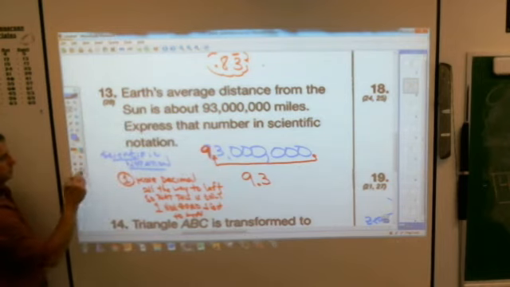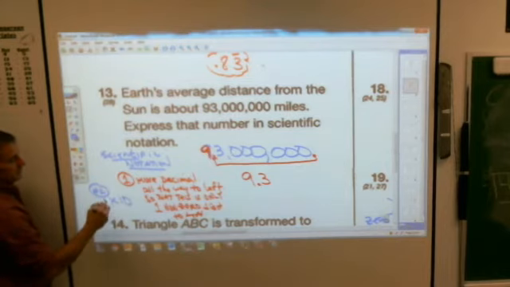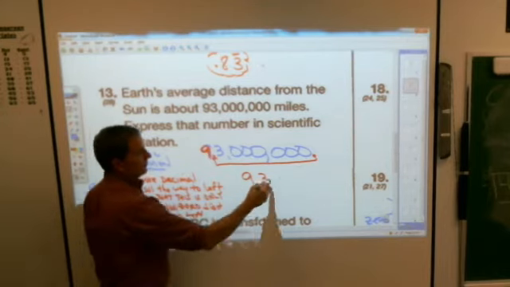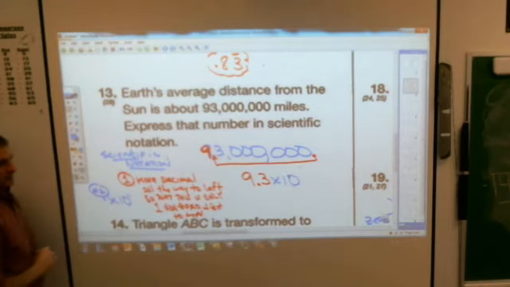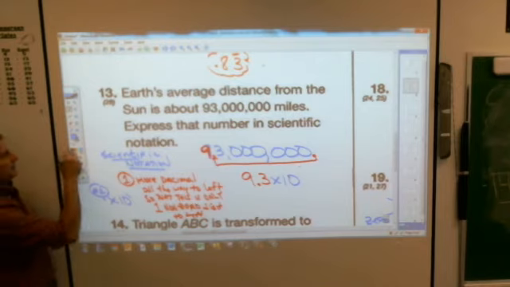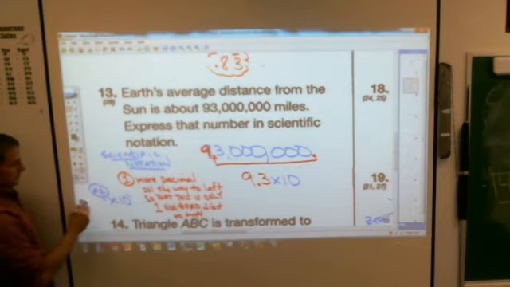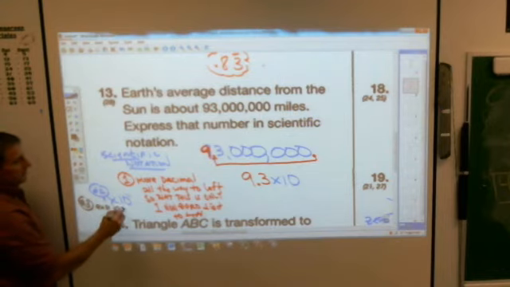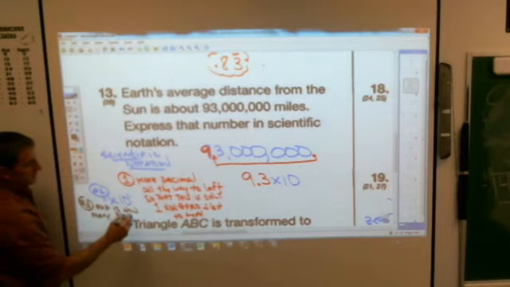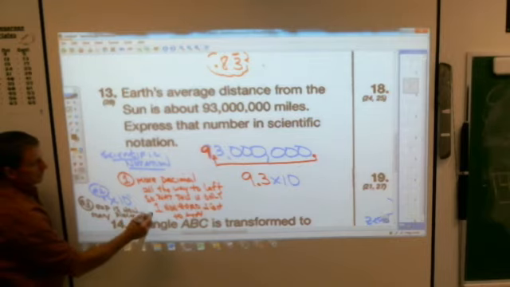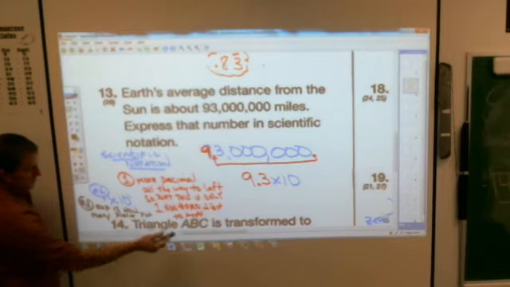Step number 2 is you write down times 10, which is a pretty simple little step. And then step 3 is the exponent is how many places you moved the decimal.